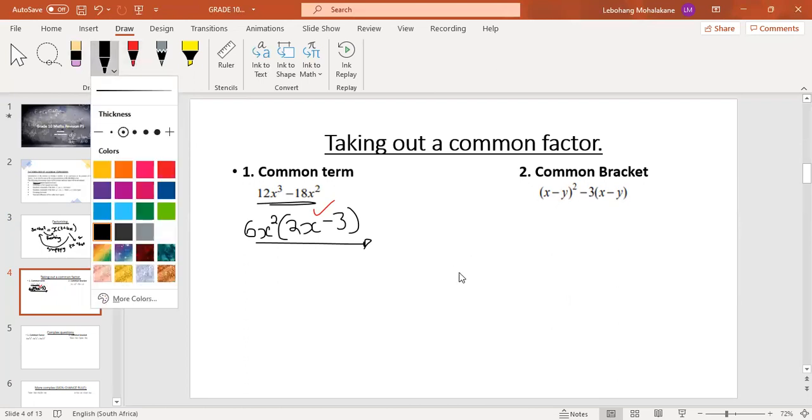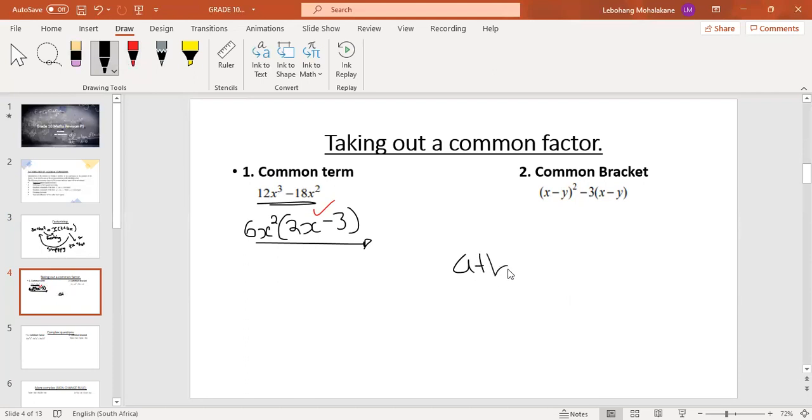If I have a plus b, generally these are two terms, right? But the minute I put a plus b inside a bracket, this becomes a single term. They make one term because they're in the bracket. But if they're separate like these, they are two.